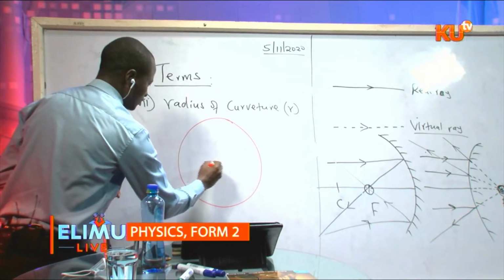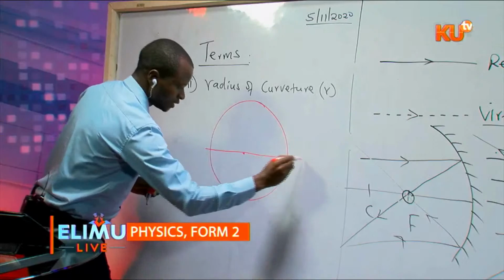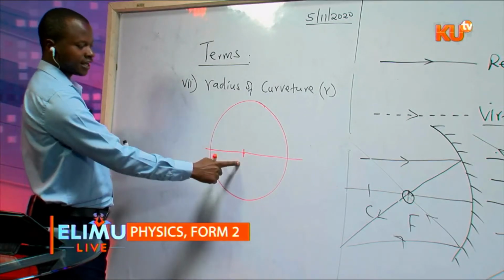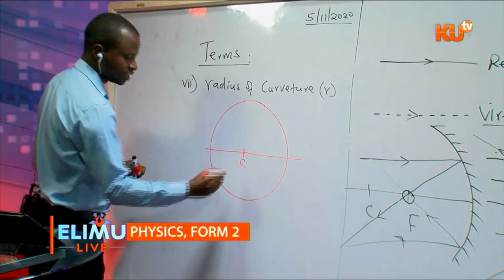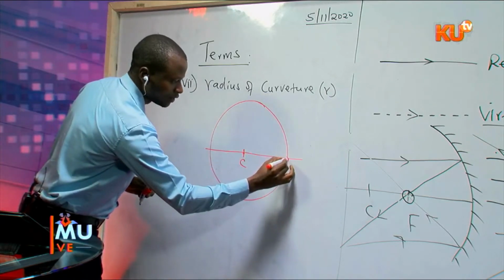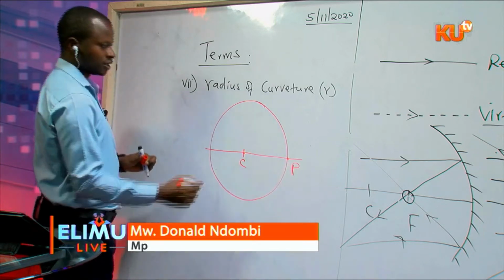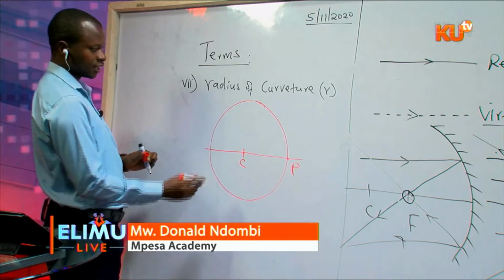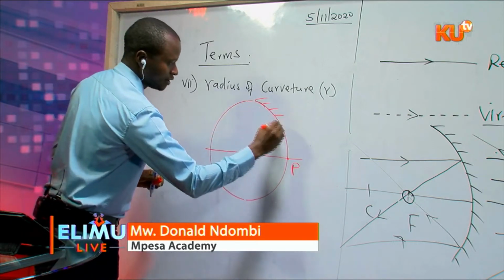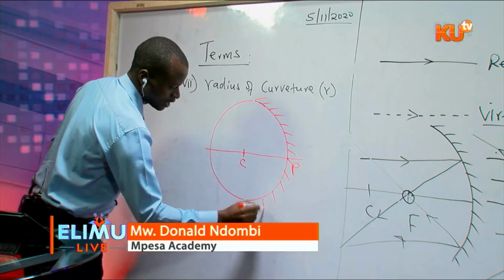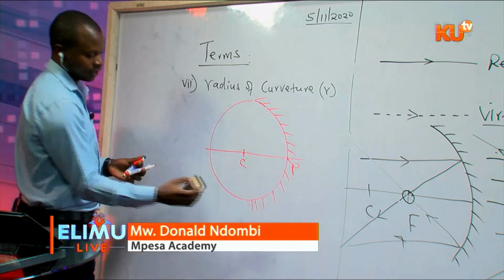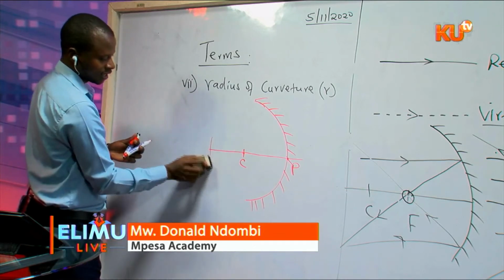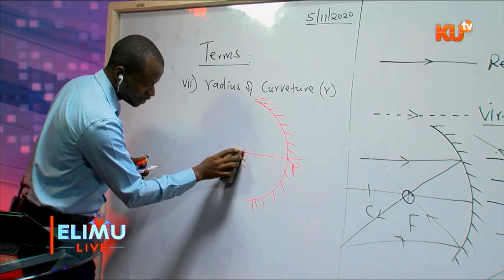If this is a sphere, there is that as the diameter, then this as the center. This center here, in terms of mirrors, we are calling it C. Then this point here, we are calling it the pole. So someone cut this mirror here, like that. Then we painted this side, for us to have formed what? A mirror. Then we removed this part, like that.